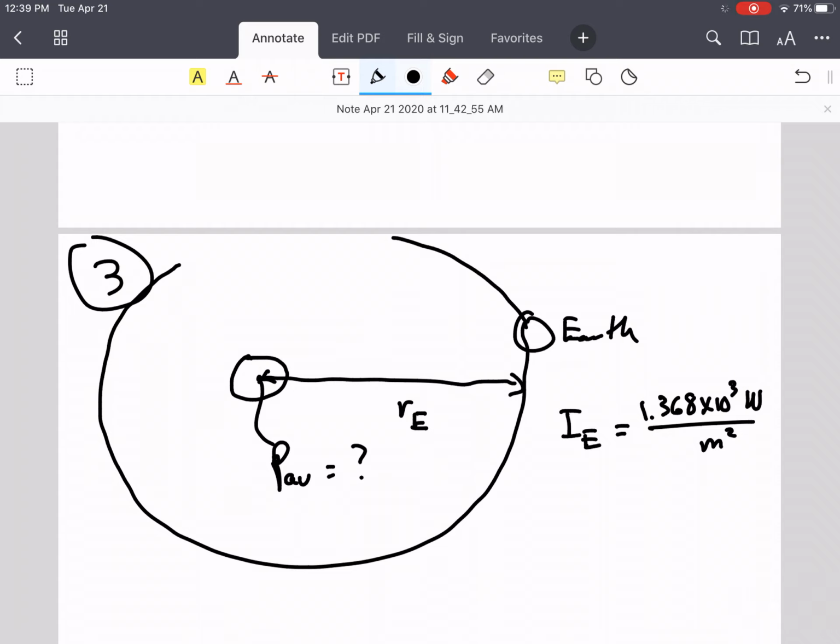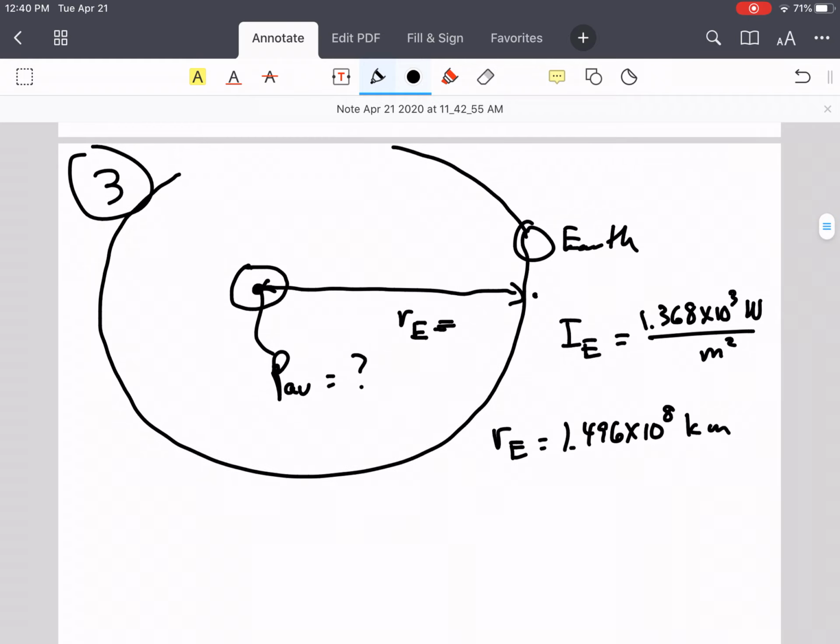Okay. And we know the Earth-Sun distance, the distance between the Sun and the Earth, is 149.6 million kilometers. If I write that out, it's 1.496 times 10 to the 8 kilometers, or converting into meters, 1.496 times 10 to the 11 meters.